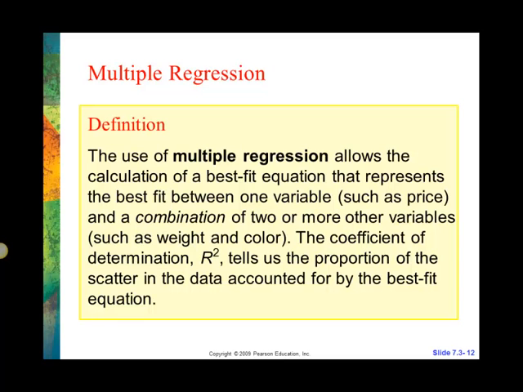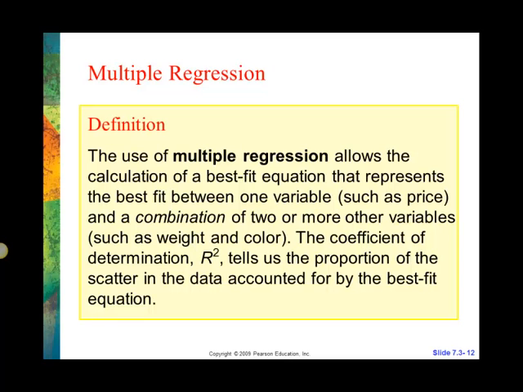Sorry. There's one other thing here, multiple regression, which says that we may have more than one thing we can use to calculate best fit. Because there's not always just one thing that determines weight. There may be height, there may be gender, there could be caloric intake. We use all those things to calculate how much you should weigh.